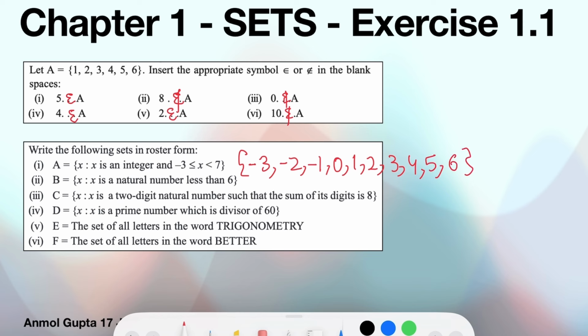B equal to the set of all x such that x is a natural number less than 6. A natural number is a whole number greater than 0. So in roster form, the second question can be written as 1, 2, 3, 4, 5.